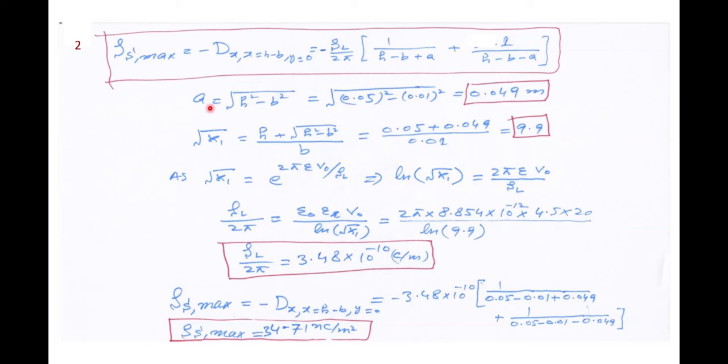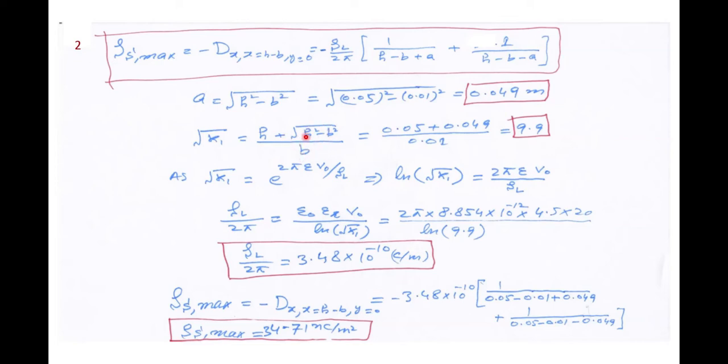a, which represents the position of the line charge, is equal to the square root of h square minus b square, which results in 0.049 meter. The square root k1 is equal to h plus the square root of h square minus b square, divided by b.